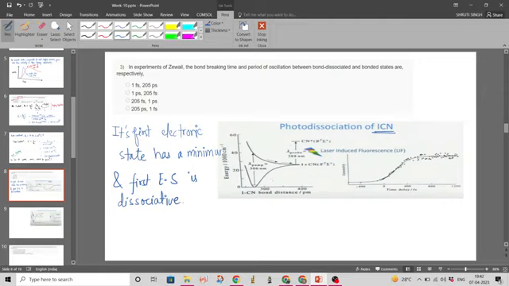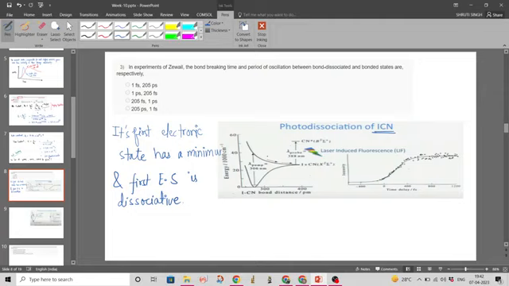Before doing this experiment, they knew beforehand that when you excite the ground state with a 306 nanometer pump, you go to the dissociated state.